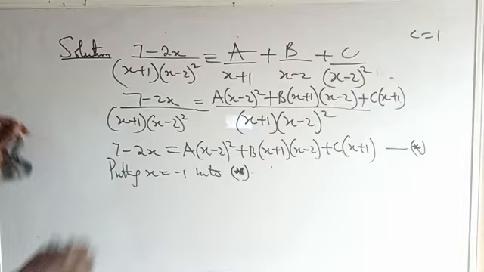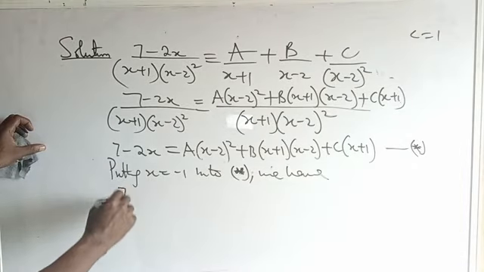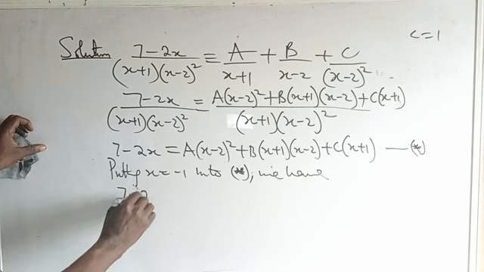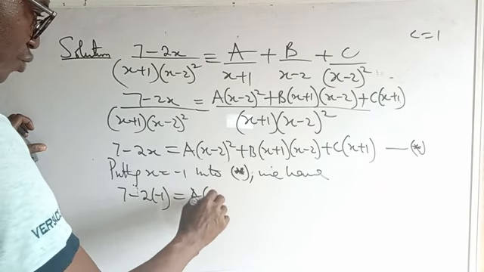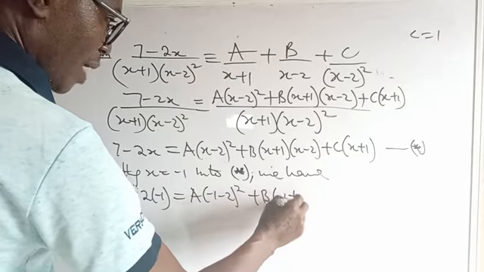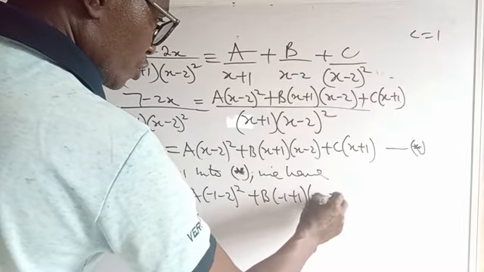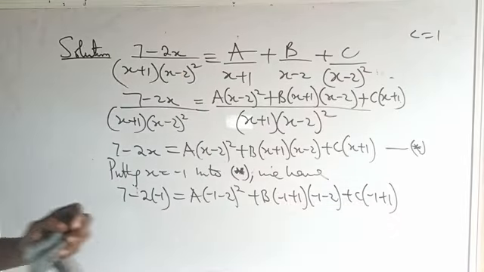Okay? Now we have 7 minus 2 multiplied by minus 1 is equal to a into minus 1 minus 2 all squared plus b into minus 1 plus 1, minus 1 minus 2, plus c into minus 1 plus 1. Okay?